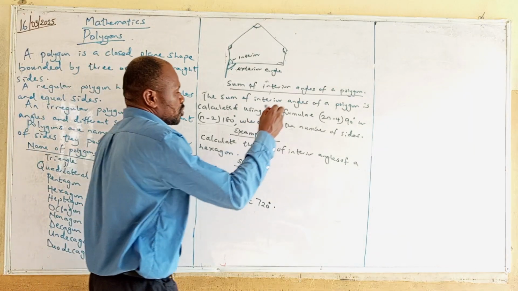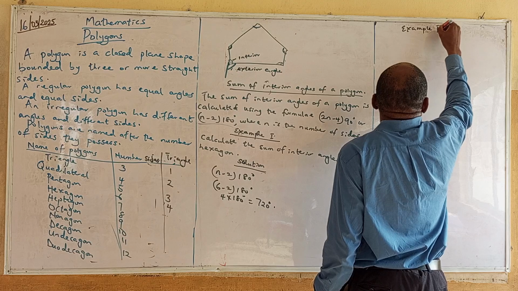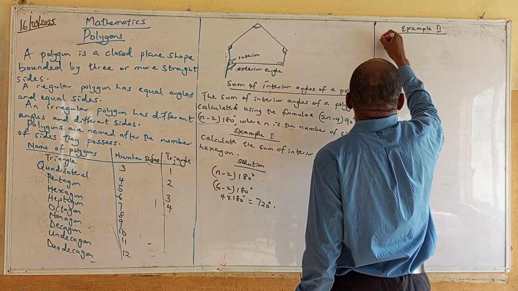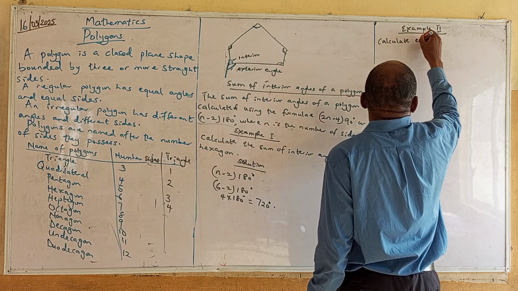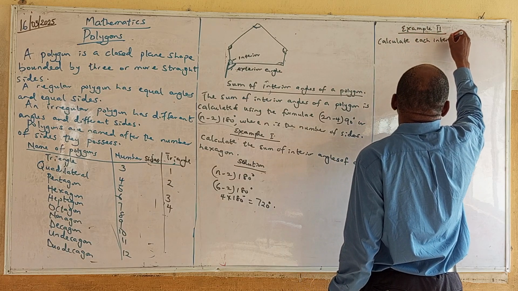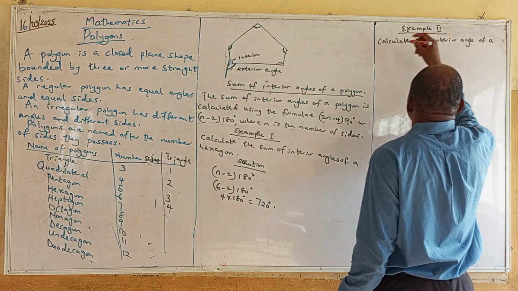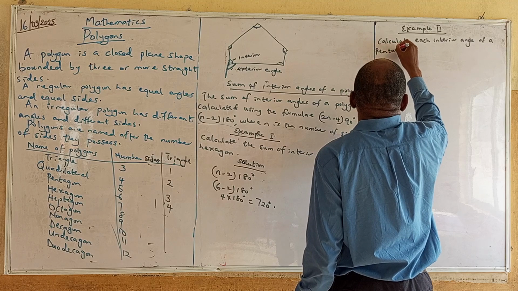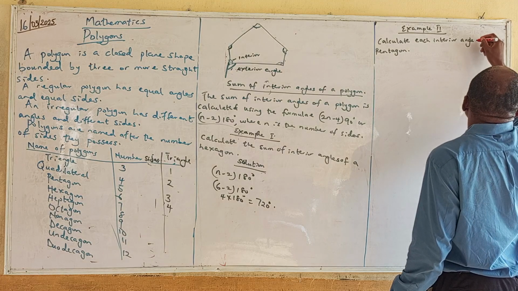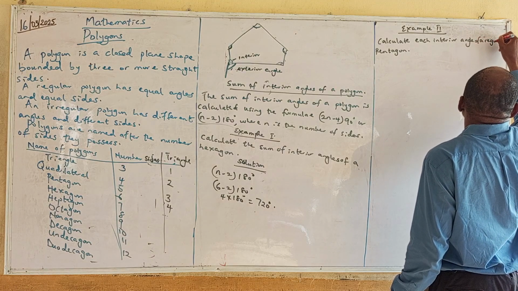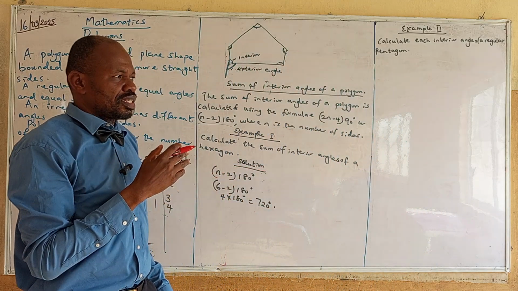Now, example 2. Calculate each interior angle of a pentagon, in terms of a regular pentagon.